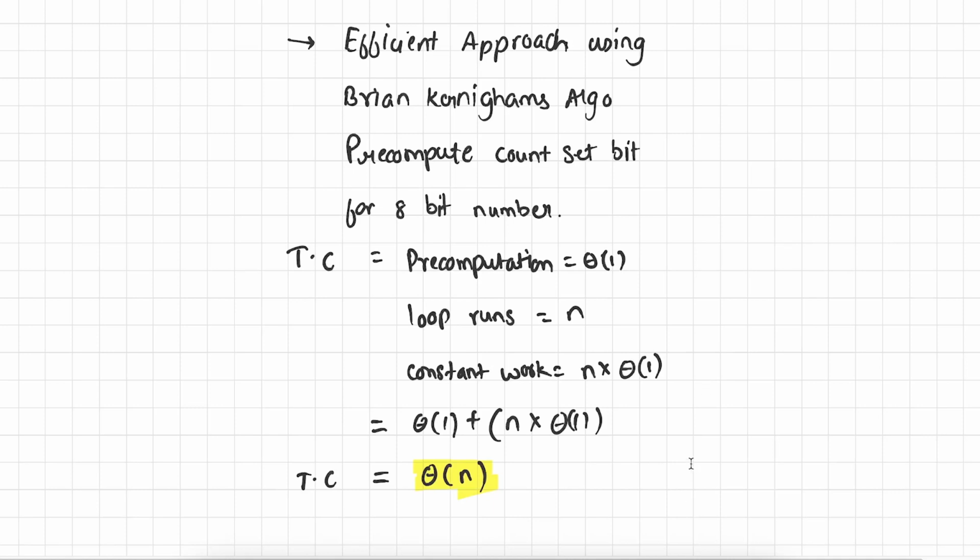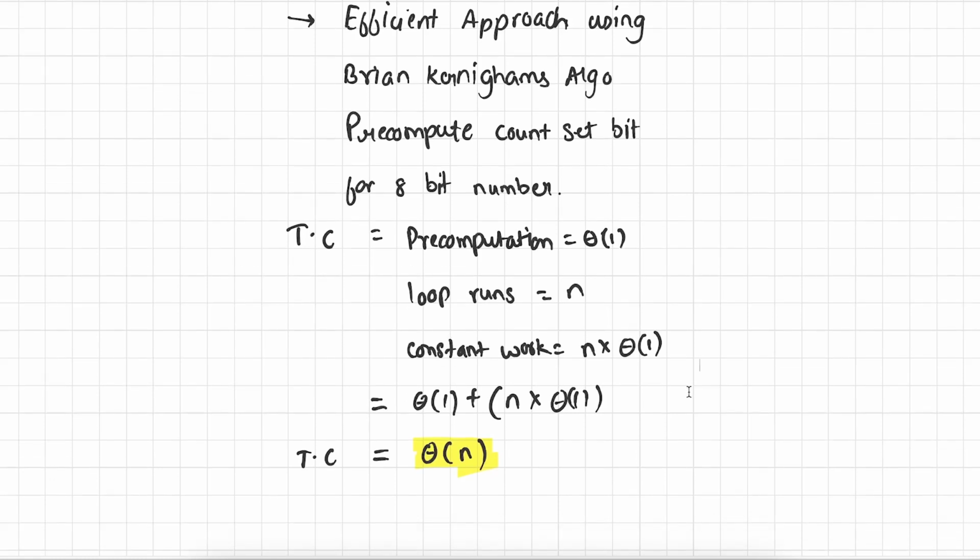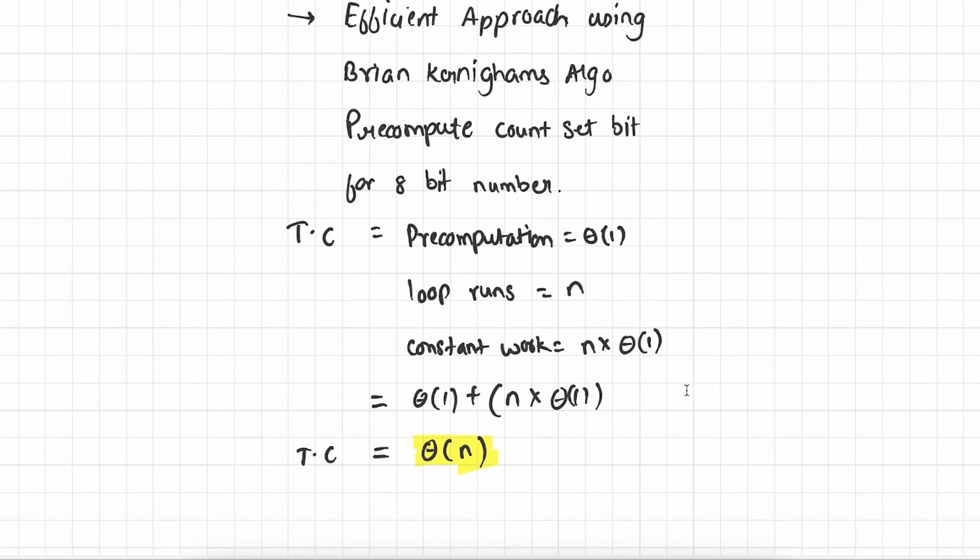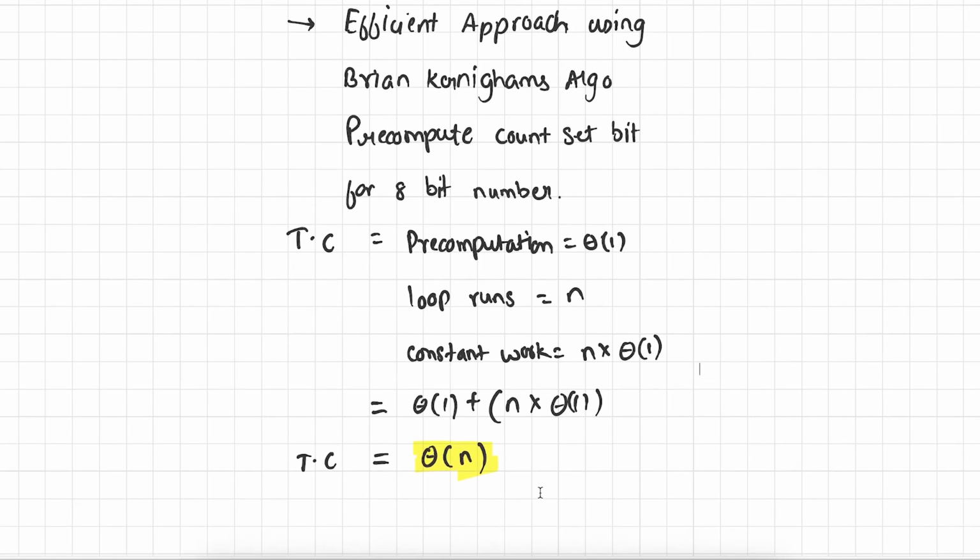The time complexity of the pre-computation is theta of 1. Our loop is going to run n times, for each number from 0 to n, and in each iteration we are doing theta of 1 work. So the time complexity of this approach is going to be theta of n.